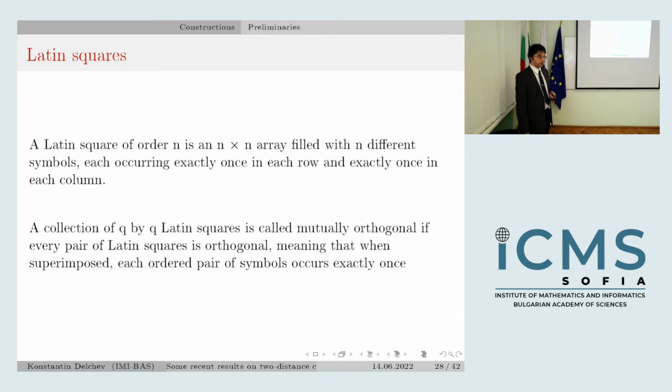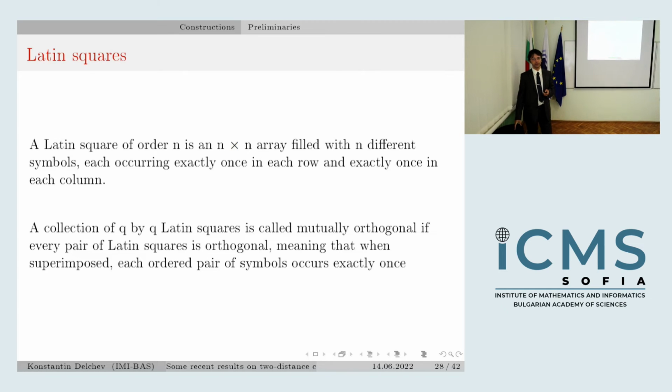Second very classical object, the Latin square. A Latin square is the usual idea: N by N, with N symbols, where each symbol appears once in each row and each column. This is puzzle type. However, when we go to mutually orthogonal Latin squares, things start to become very difficult very quickly.